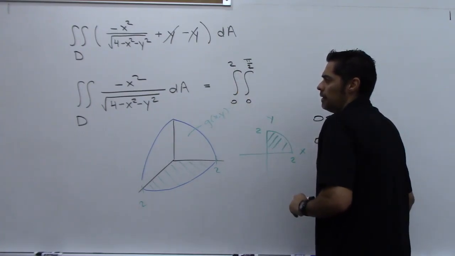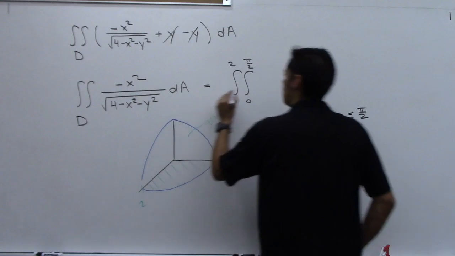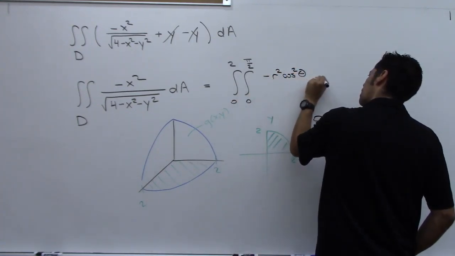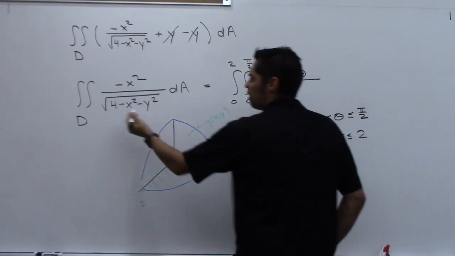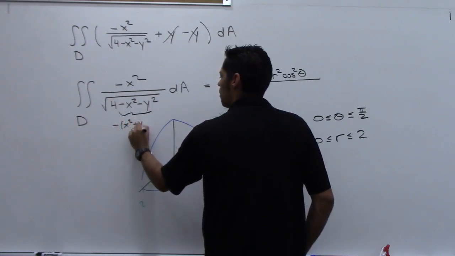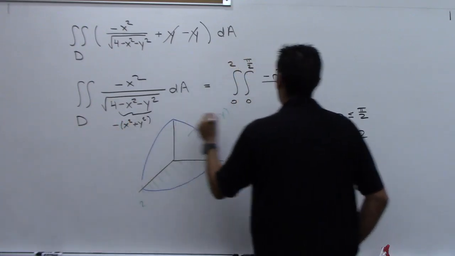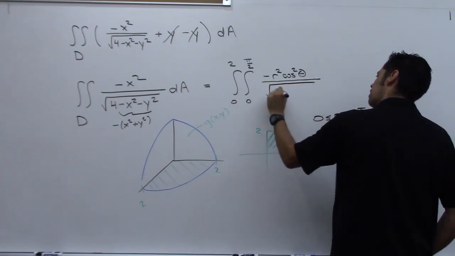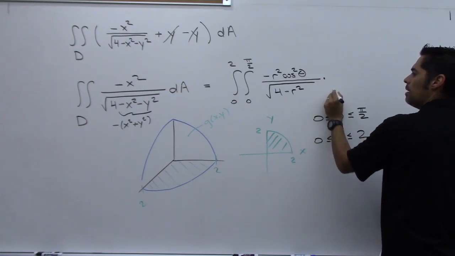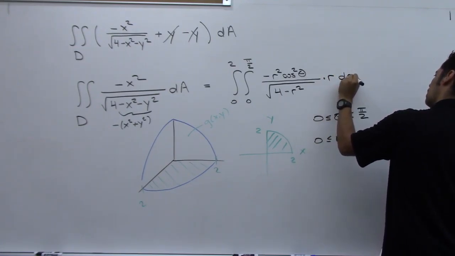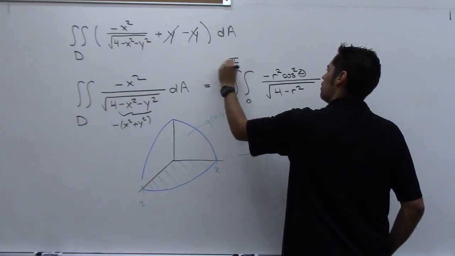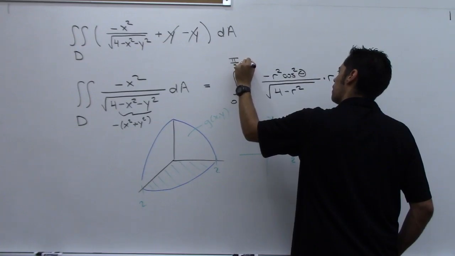Negative X squared is going to be negative r squared cosine squared theta over, and here, I can look at that as negative X squared plus Y squared, which is r squared. So we get square root of 4 minus r squared. And then don't forget that we also get an r and then dr d theta. What I'll do is switch these, so pi over 2 here and 2.